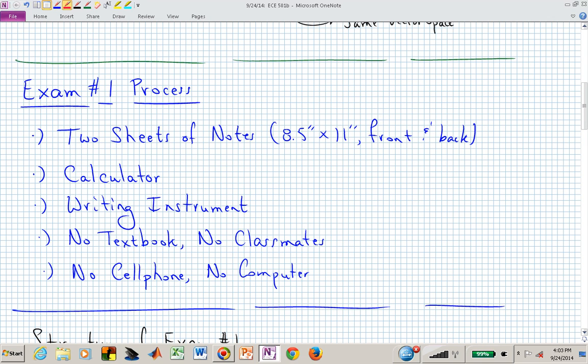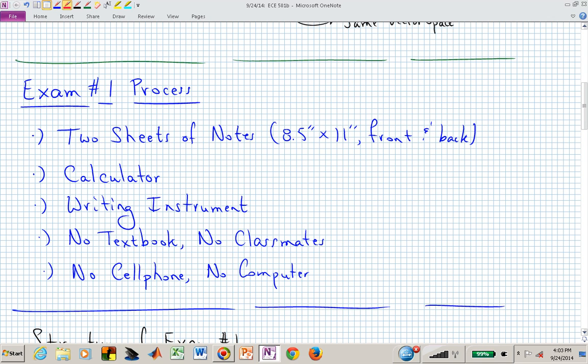But I'm not going to be coming around and inspecting your handwritten notes. I think there is something to be said for actually writing it by hand, transcribing that, but if you can't read your own handwriting, please feel free to do it some other way, or if you feel better with it in some other form. There's no restriction on how you use those 2 sheets of notes. Does that answer your question?